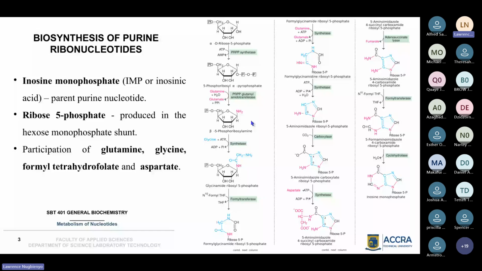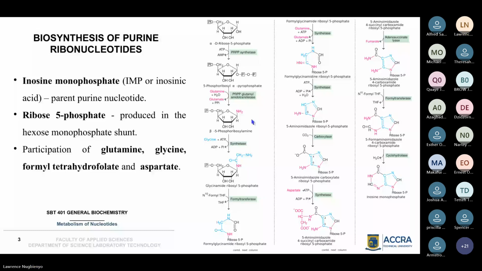The things that you should pay attention to are, first of all, what is the parent molecule, the first product that comes from the synthesis of the purine ring, and that is inosine monophosphate. Then the sugar on which the purine ring is formed, the ribose 5-phosphate. Where is the sugar coming from? That sugar is coming from the hexose monophosphate shunt or the pentose phosphate pathway.